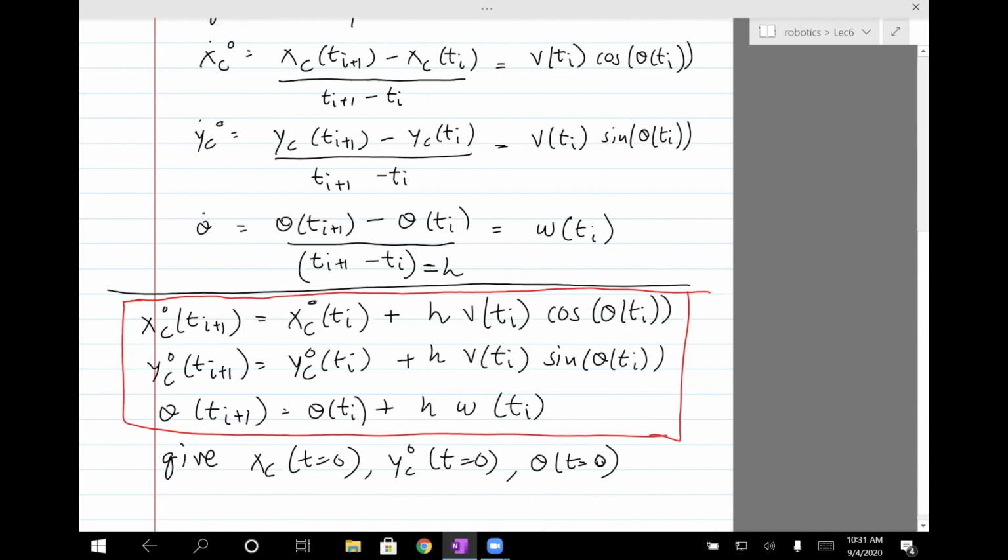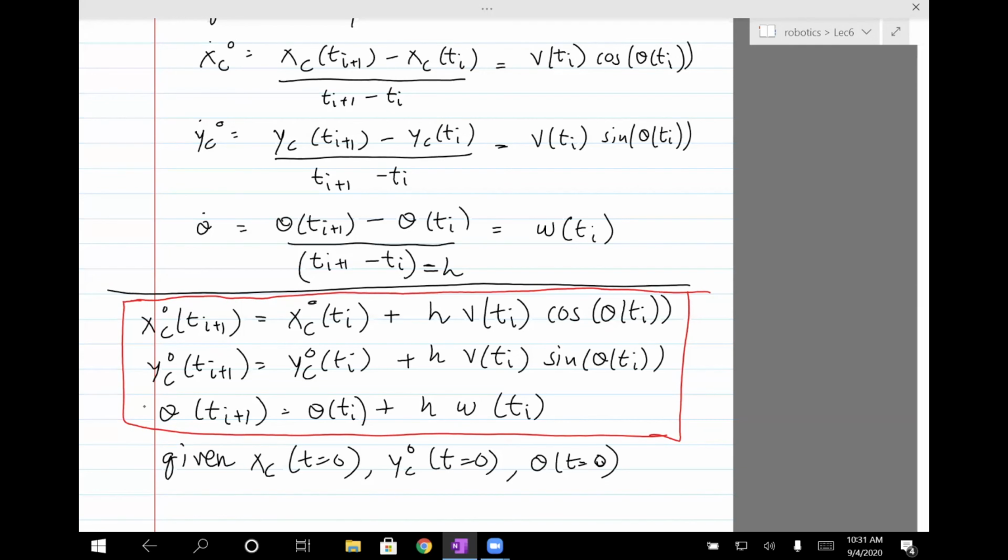Once we know the position and heading at time t equals 0, we can then progress this over time by just using these three formulas to find the position of point C at a different time t.